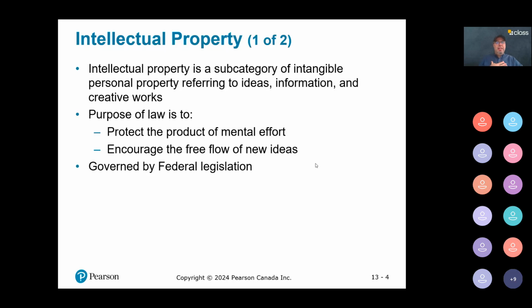Well, once I have invested money, my time, my knowledge, etc., to come up with a book, the law offers me some protection for my creation, and it encourages me to make my book available to the world.